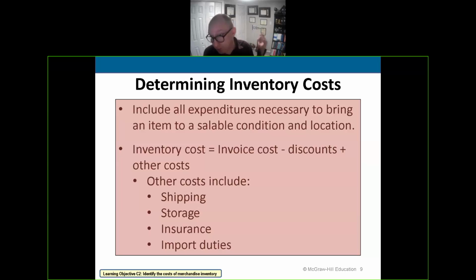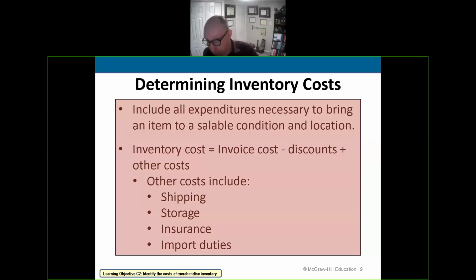Shipping, that's the transportation cost to get it to me. Storage, if I have to keep it in a warehouse somewhere, I need to pay for that warehouse. Insurance. Oftentimes, we have insurance on the shipping. I'm going to insure it to be shipped.